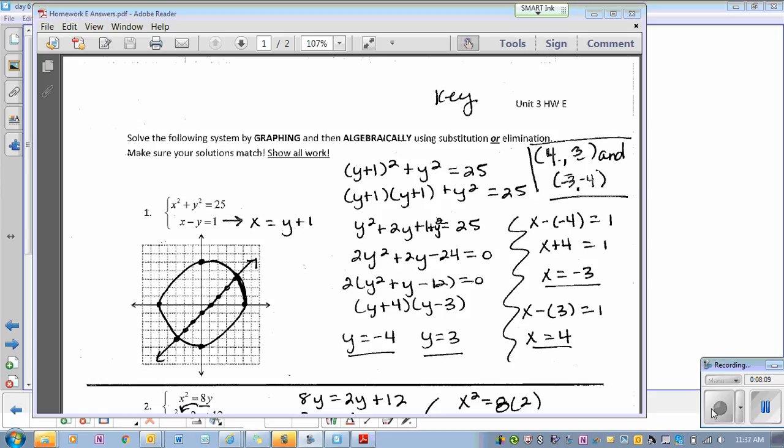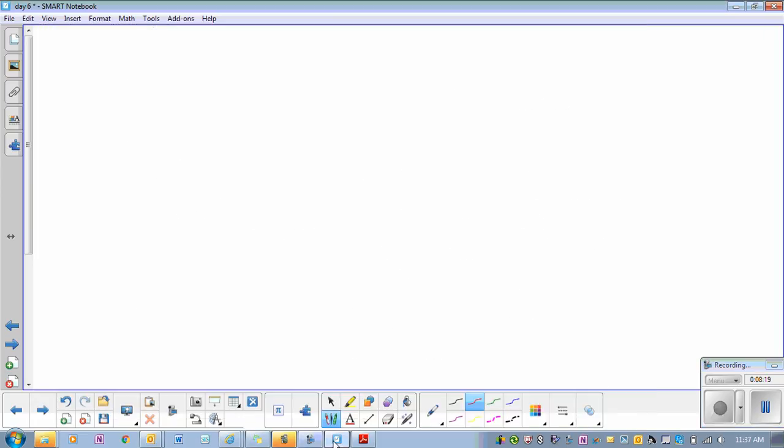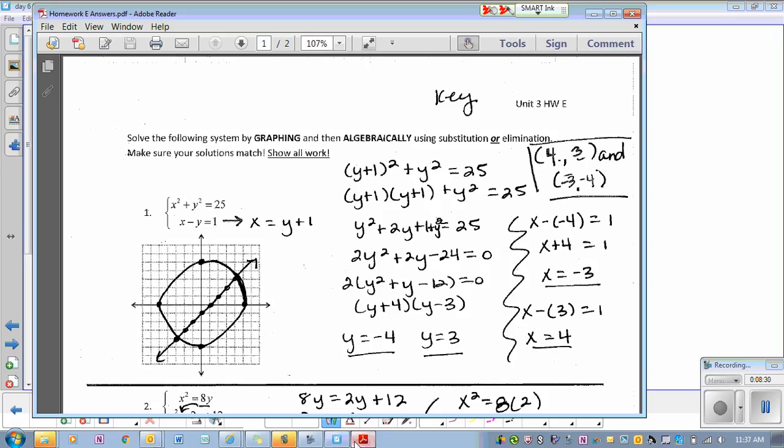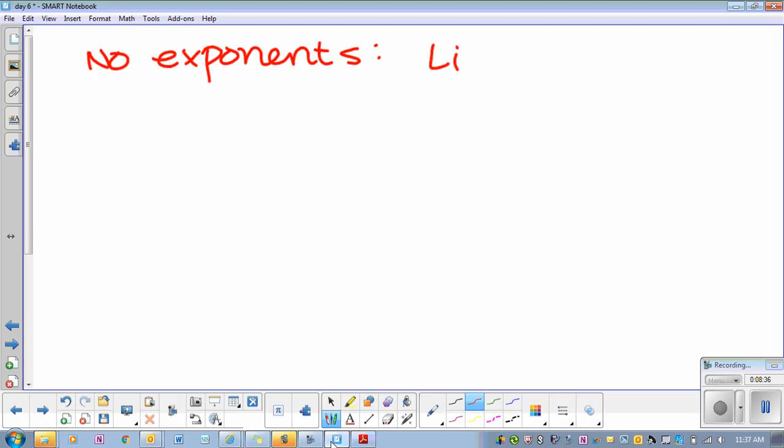All right. So guys, on the top of your homework or somewhere, maybe your assignment sheet, can we write this down so that we remember? If you have no exponents in the equation, like that one, x minus y equals 1, then this is a line. It's going to look like a line.